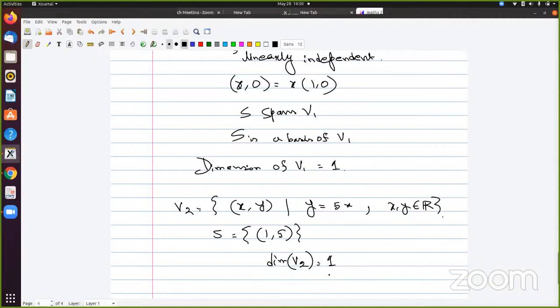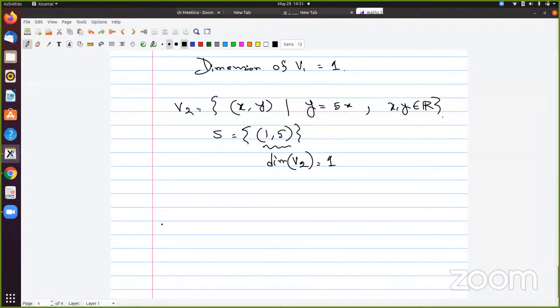It's like (1, 5), a single element, right? We are inside R2, so this is a single element. So the cardinality of S is 1, correct? So the dimension of V2 is 1, okay? Clear? Yes, sir. Now the next question which I am giving, you have to solve it, okay?